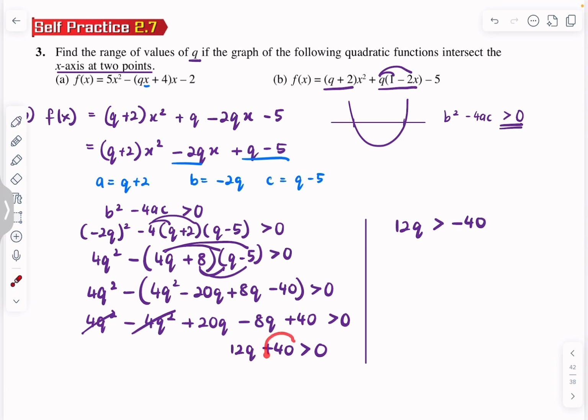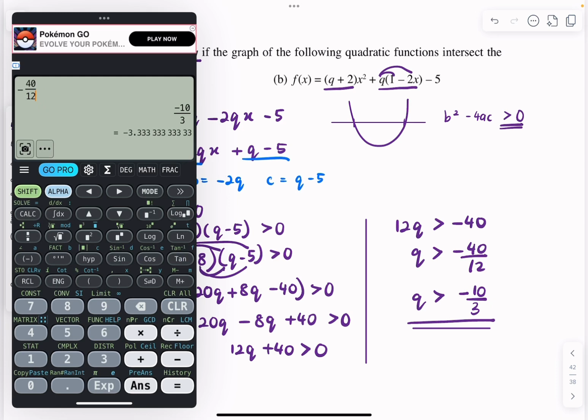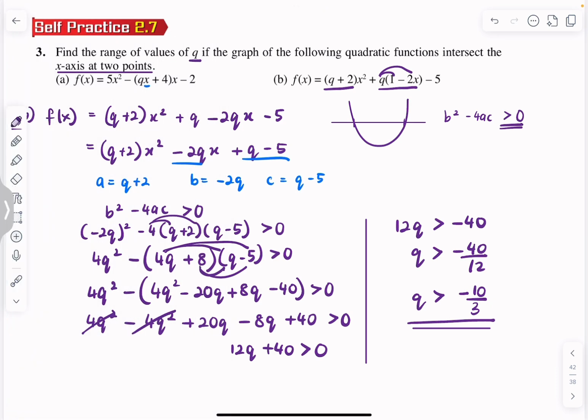Okay, 40 we bring over that side. And then making q the subject, we get negative 40 over 12, which is negative 10 over 3. Done. That's it. So this will be our range of q.